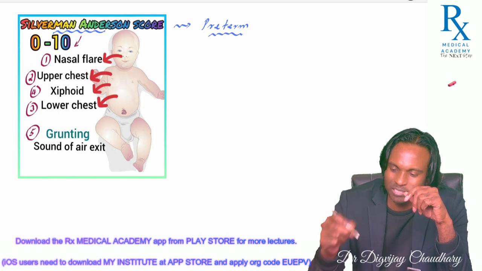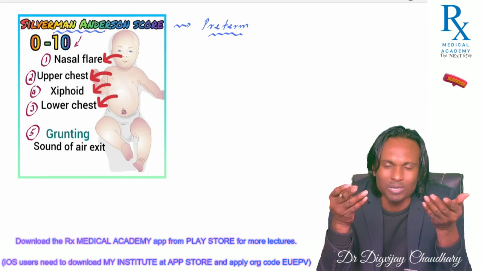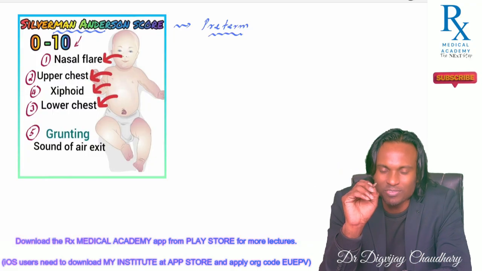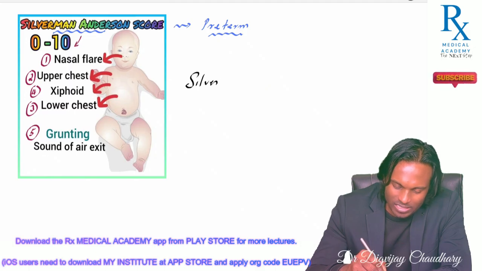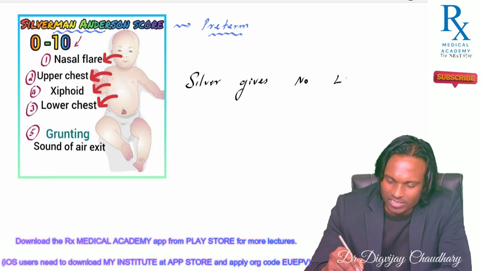Sometimes it becomes a very cumbersome task to memorize everything without any logic, and therefore mnemonics make your life easy. So here we have our mega mnemonic, and this mega mnemonic is "Silver gives no luxury."